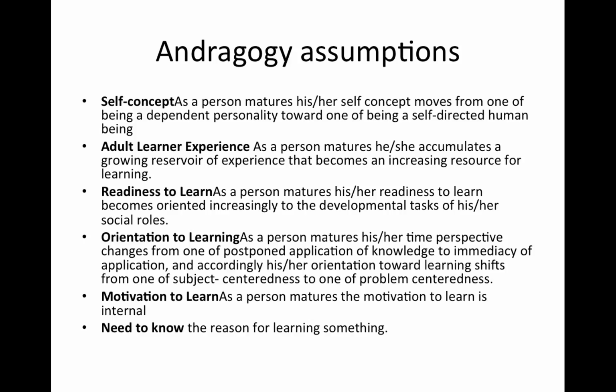Therefore, their experience is the center rather than the teachers or trainers. Adult learners are ready to learn to improve their individual skills or social growth. So they have internal motivation. Thus, adult educators need to show them why they need to learn a subject and how it will help them to attain their goals.